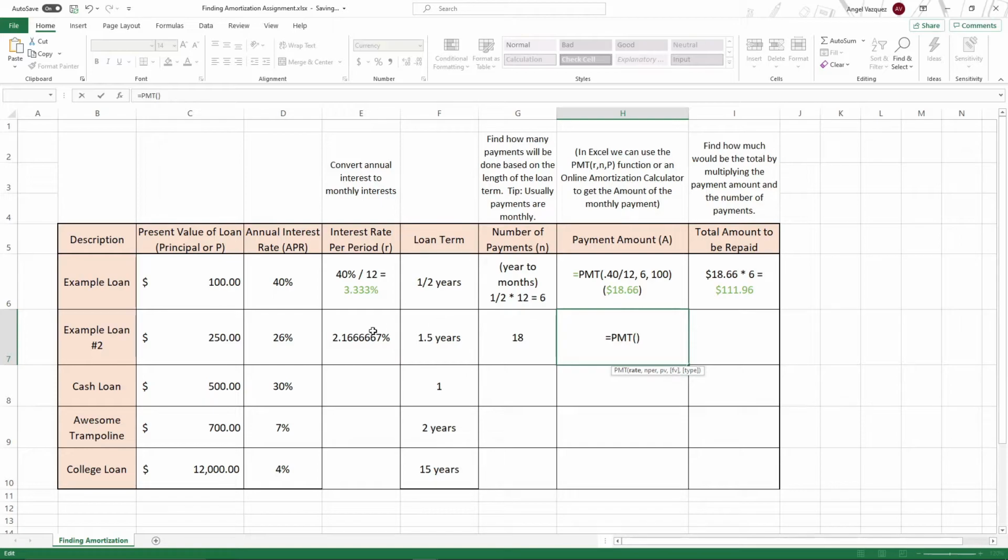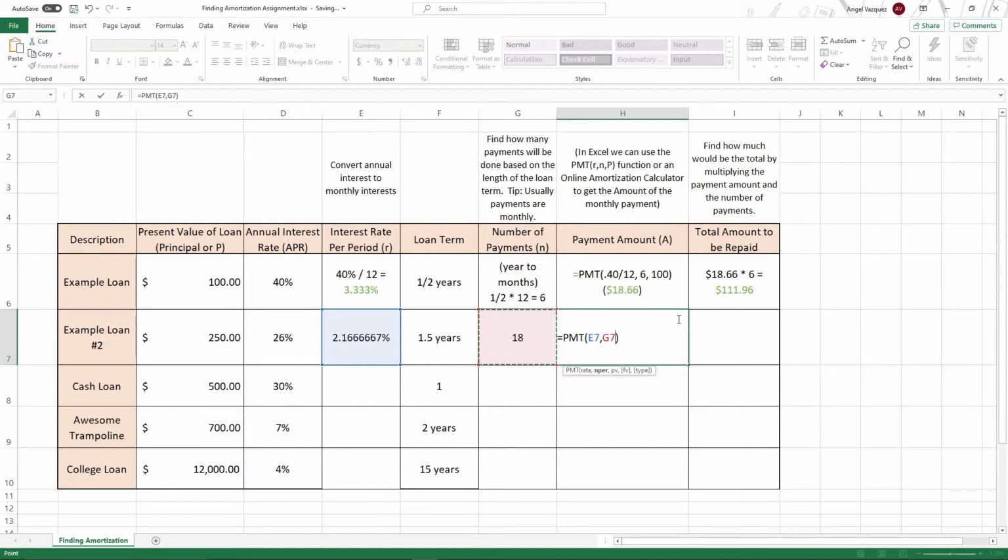So let's go ahead and click on interest rate so I could grab the value that cell contains. I could also just type the number just as it is, or just type 26% over 12 like we have over here on the first example. Here I'm going to put a comma to separate it from the next variable, which is going to be N, number of payments.